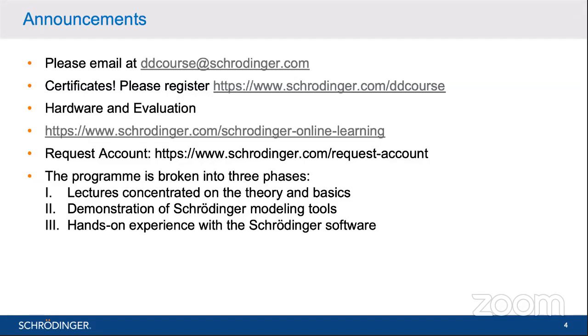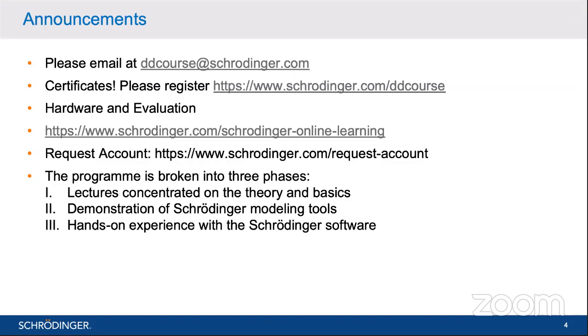The other thing is, do not wait for these forms to come to you. You can just go to our website and request an account. If you go to schrodinger.com/request-account, there's a small form which is not the same as the registration for this course.